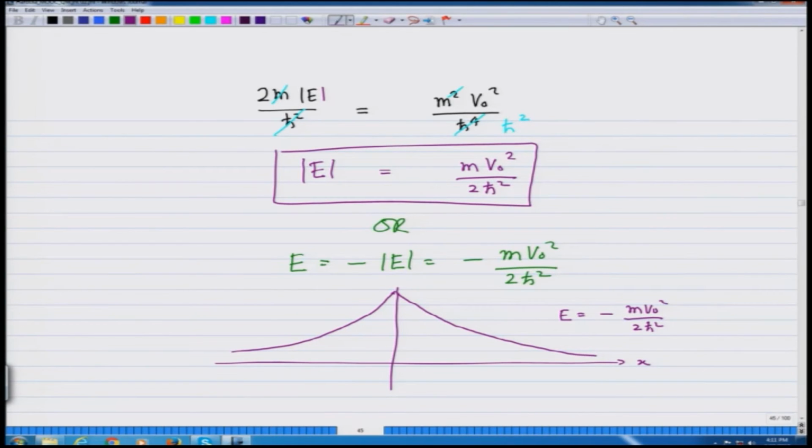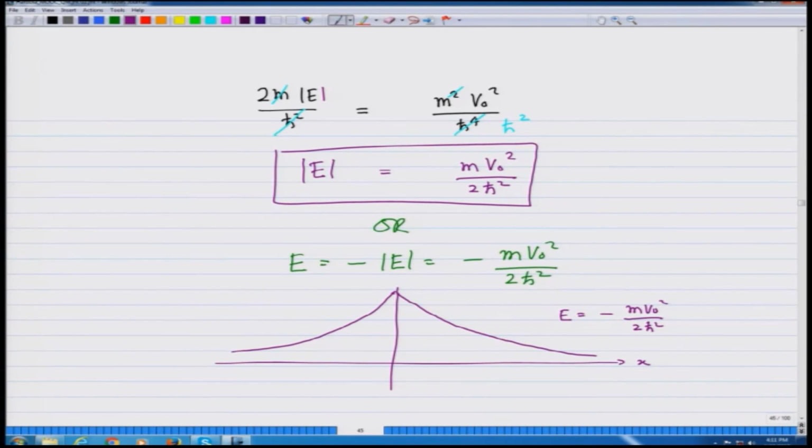That is the solution for a particle moving in a delta function potential. You can see it is bound, and it has energy which is slightly negative, and that is why it is bound, and the wave function is exponentially decaying on the two sides. There are no other bound states in this potential. So, this is the answer for this.